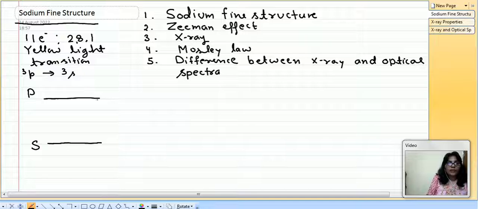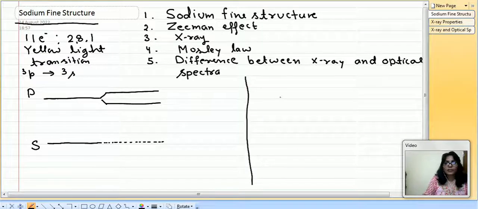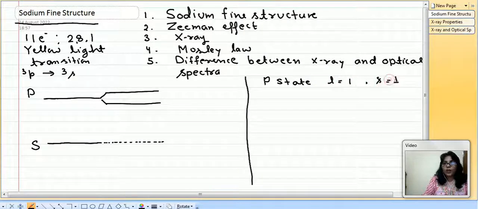But because of the LS coupling, this p state will split into two states, and the s will remain one state. So first let us see what the LS coupling scheme is in the p state. The p state means L is equal to 1 and S is equal to half.